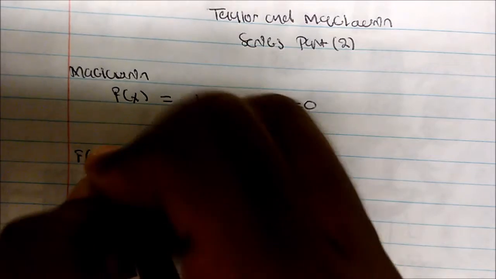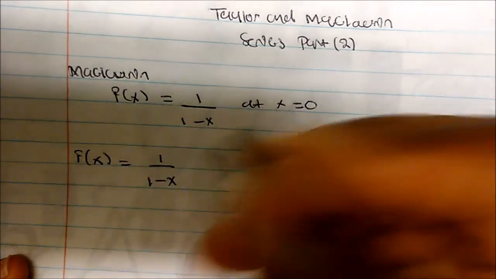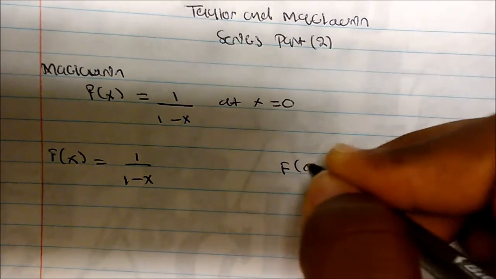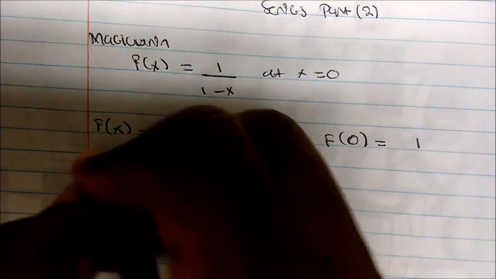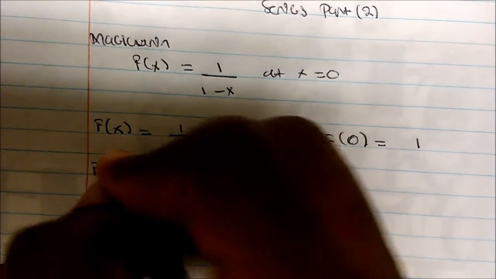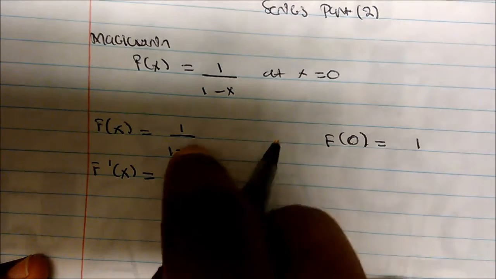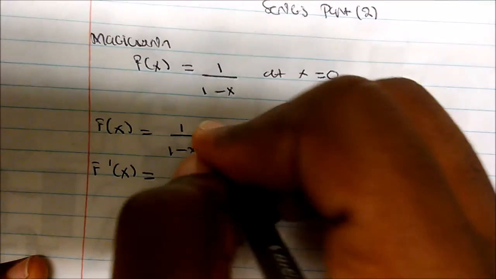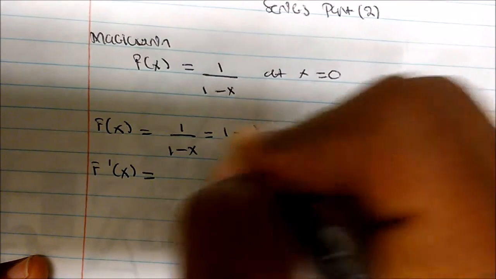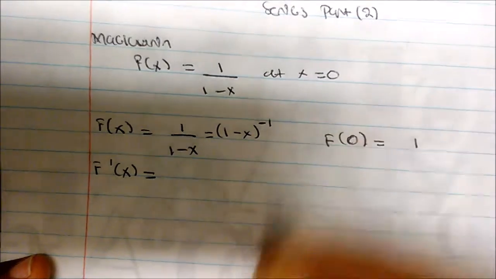Well, again, we know f of x is equal to 1 over 1 minus x. F of 0 in this case happens to be 1, because if we plug in 0 for x, we get 1. F prime of x, or the derivative, well, remember, we could rewrite this as 1 minus x raised to the negative 1 power.